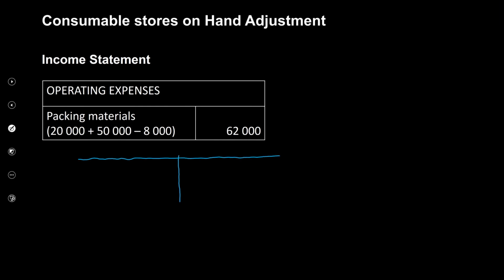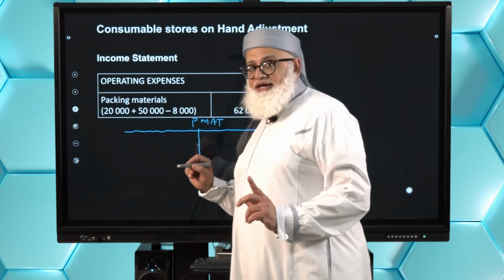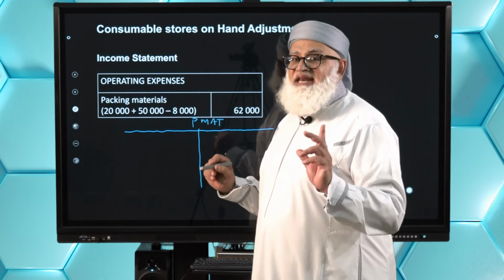Okay? So here's your item, packing materials. You are told that at the beginning of the year, there were packing materials on hand to the value of 50,000 rand, correct? What was my reversal?